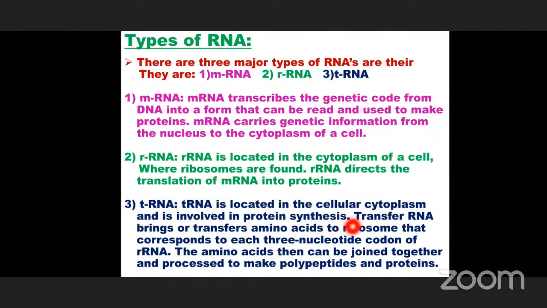Ribosomes are sites for protein synthesis, and this tRNA transfers the amino acids to the ribosomes. These amino acids are joined together with the help of peptide bonds to form a polypeptide chain. It is about tRNA.